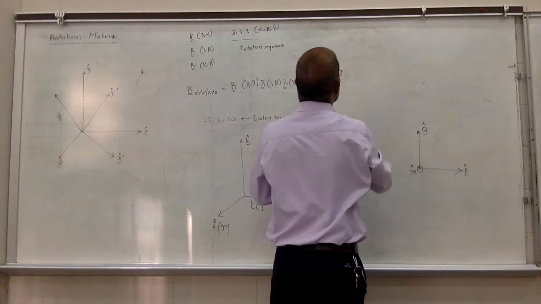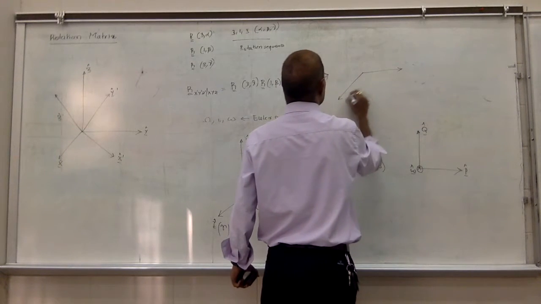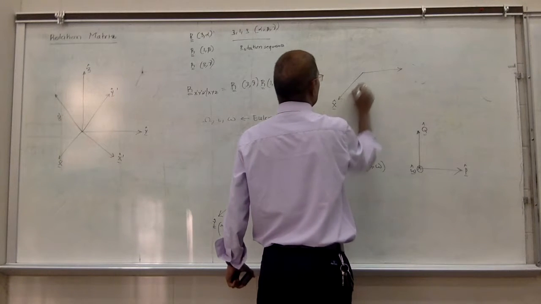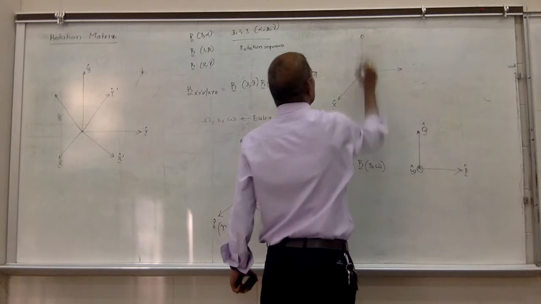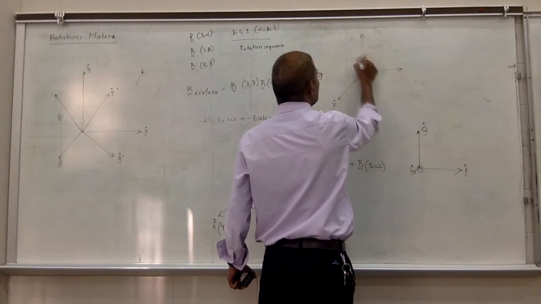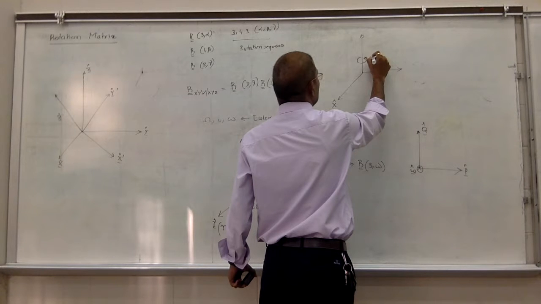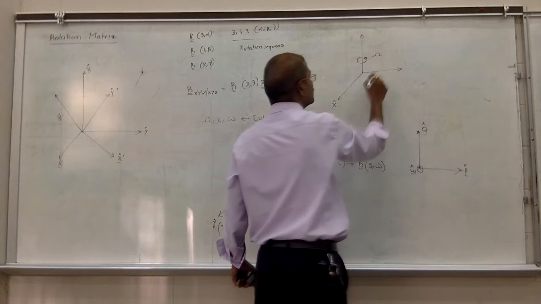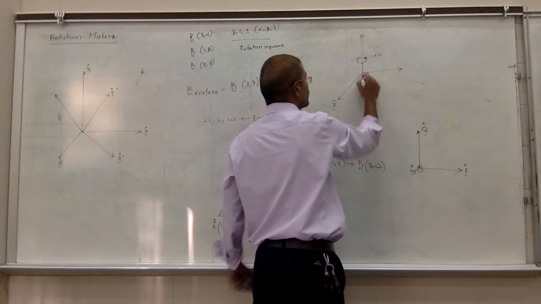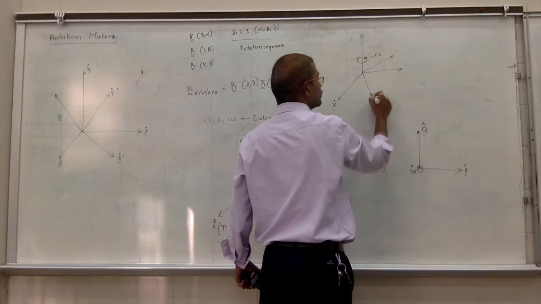Oh, wait, that was the X. Yeah, so let's say this is the x. If you do a rotation by cap omega, what will be the new line of nodes, right?